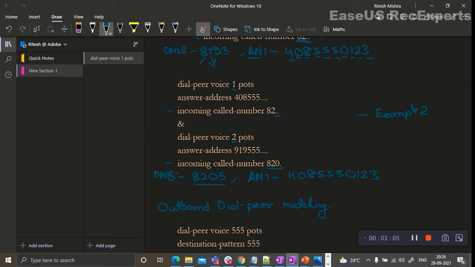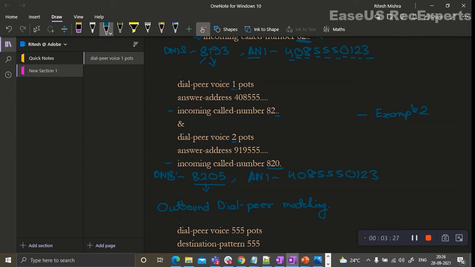That's it, only 5 or 6 numbers, and it has its match. So in this case, dial pair 2 will be selected based on the incoming called number command, having the longest match. So this is all about incoming dial pair matching.